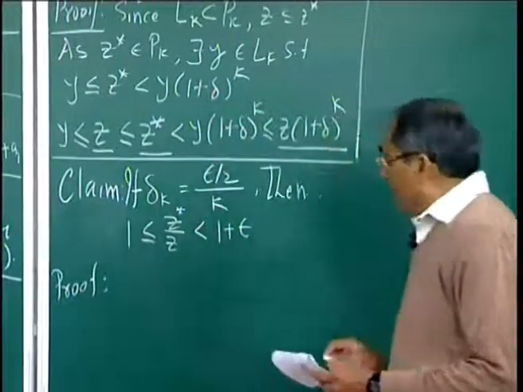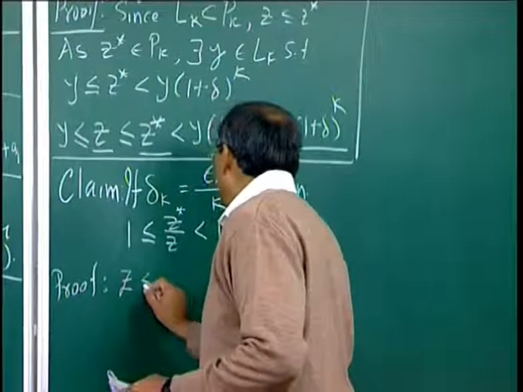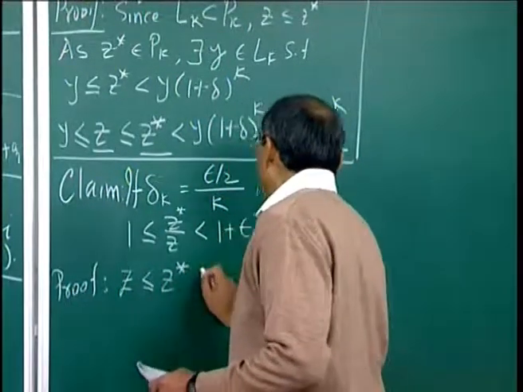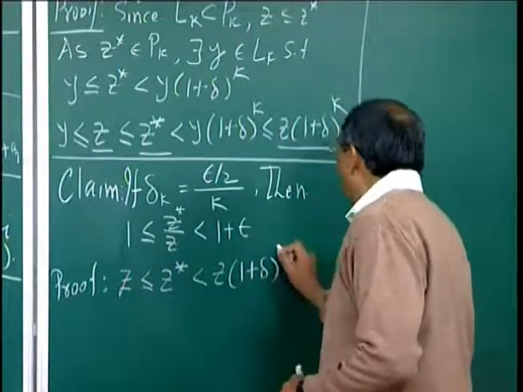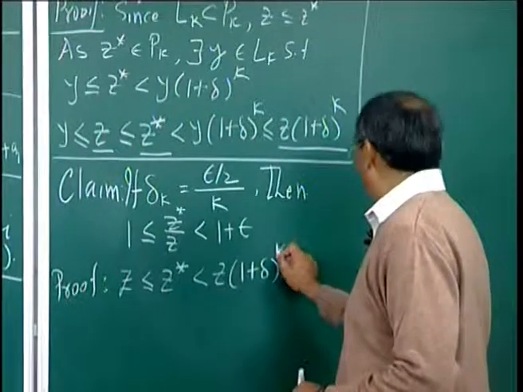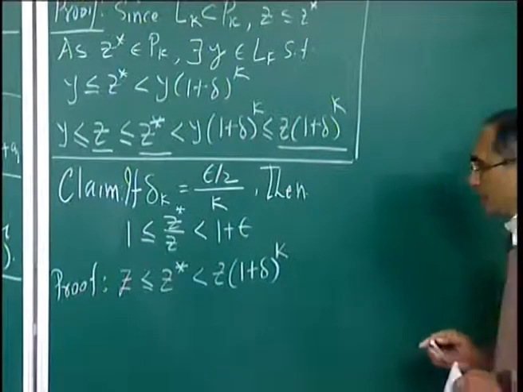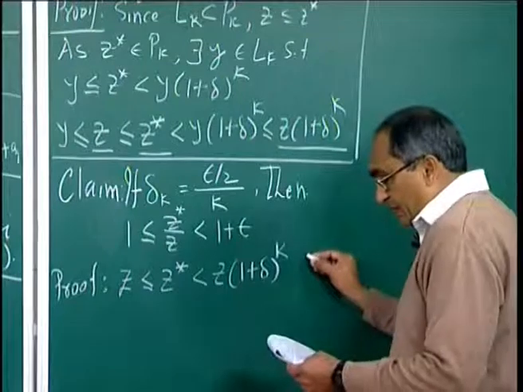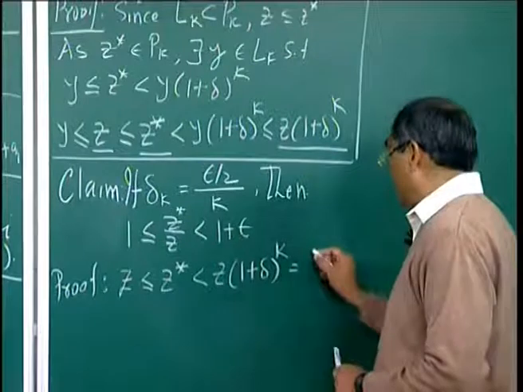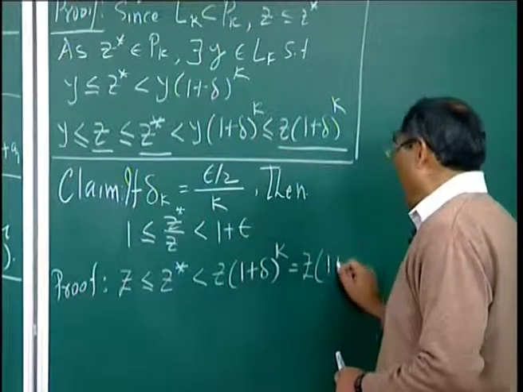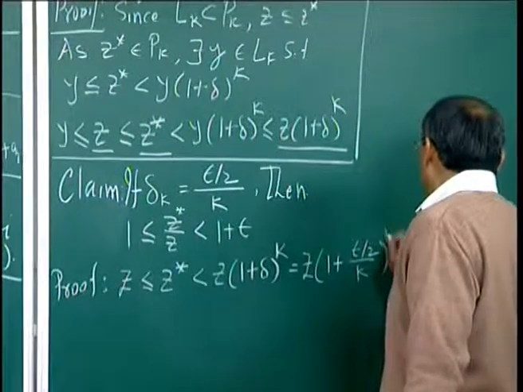Okay. Well, what we have from the above result, Z is less than or equal to Z star, that is bounded by Z times 1 plus delta power k. That we will now claim is less than, okay, let me first of all substitute this, which is Z times 1 plus epsilon by 2k, whole power k.